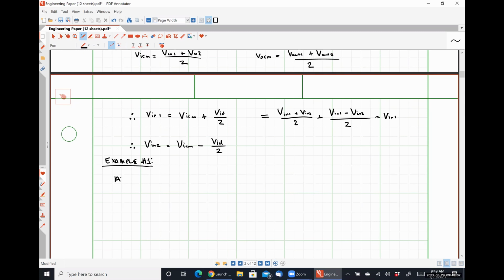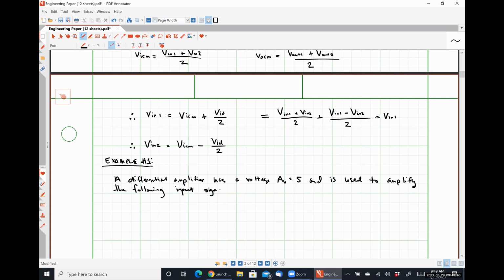Let's say that we have a differential amplifier that has a voltage gain of AV equal to 5 and is used to amplify the following input signals.